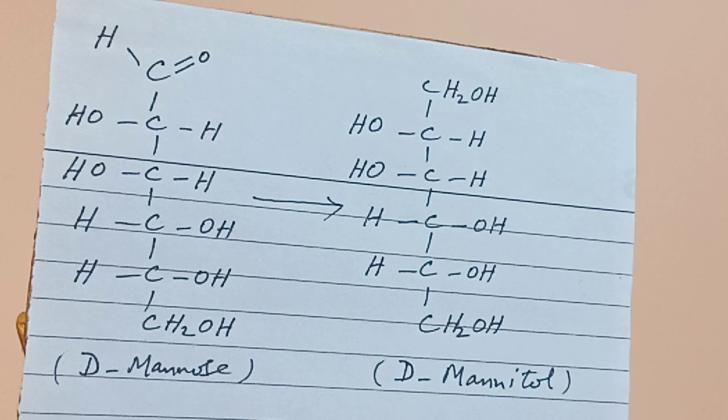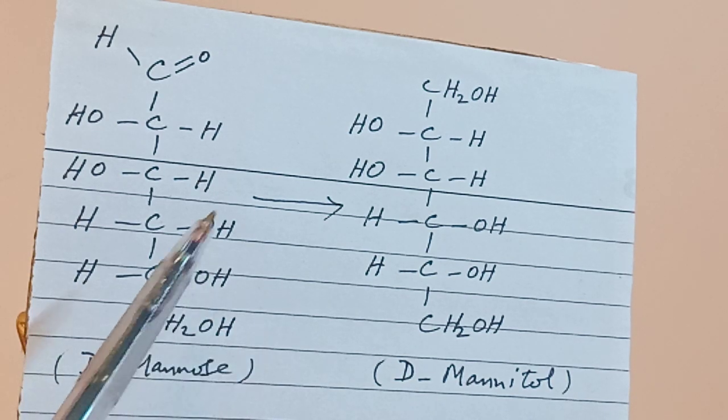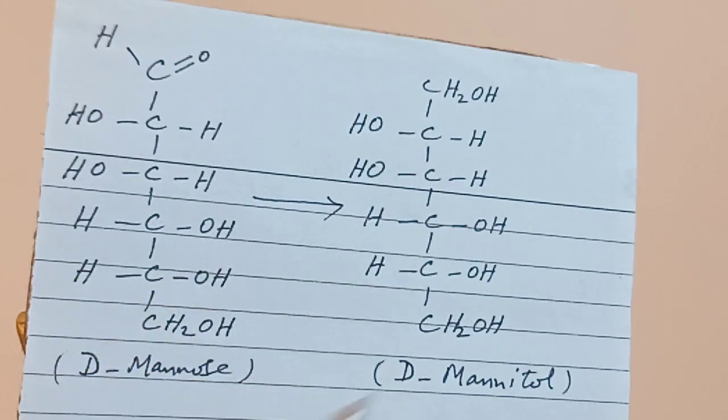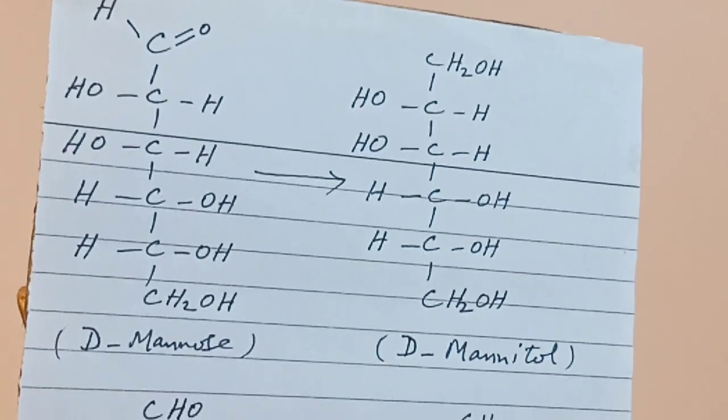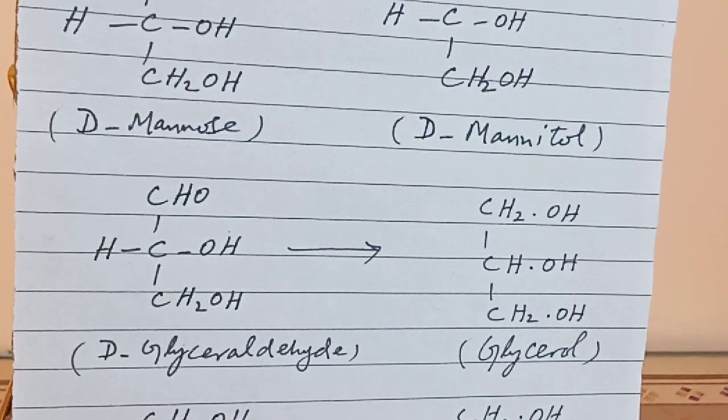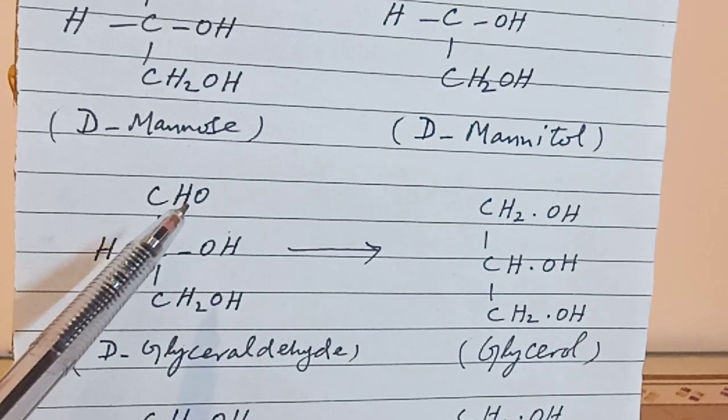Now students, this is another type, D-mannose sugar. D-mannose sugar is converted into its D-mannitol sugar. Just the same, two hydrogen will reduce the carbonyl group and form the CH2OH, then form the D-mannitol type of sugar. In the same way, D-glyceraldehyde will be reduced in the form of glycerol. Here understand the structure.